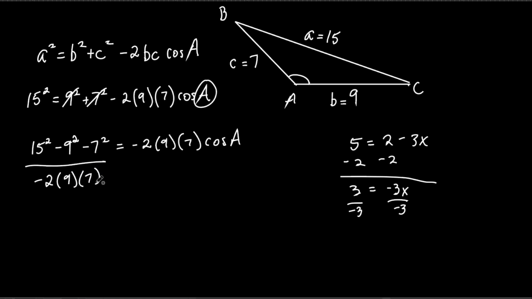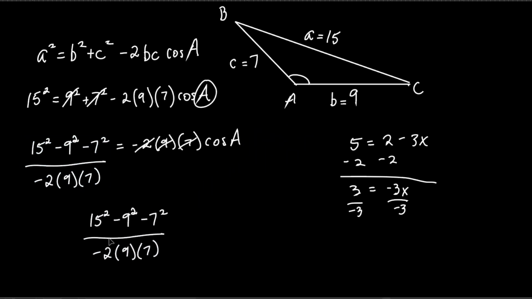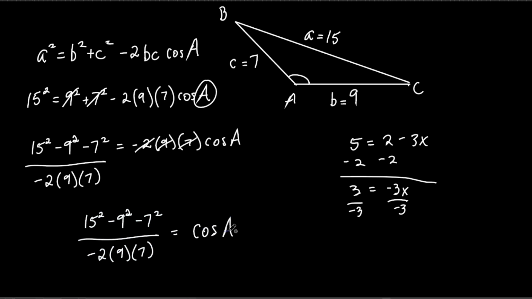Yeah, I think so. So what's going to happen here? I divide, and then it cancels. So now, this will save me from writing all this again. So this is now equal to what? The cosine of A.